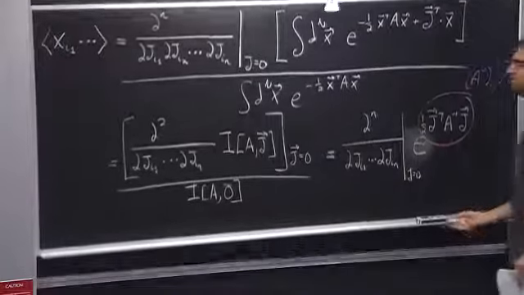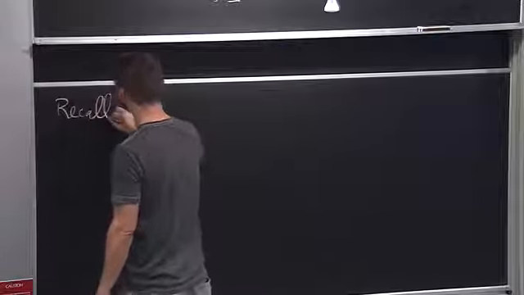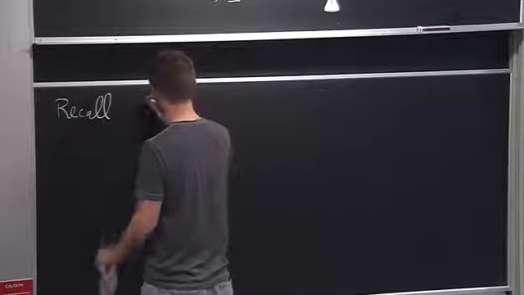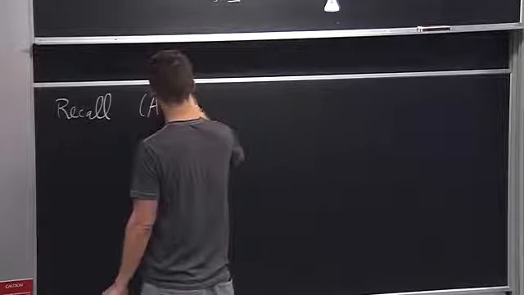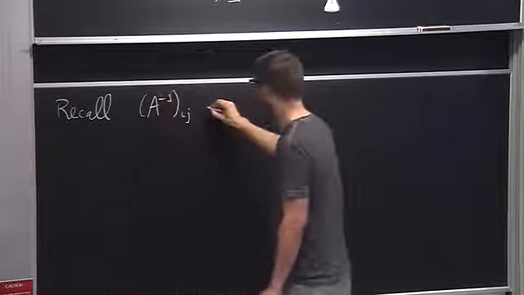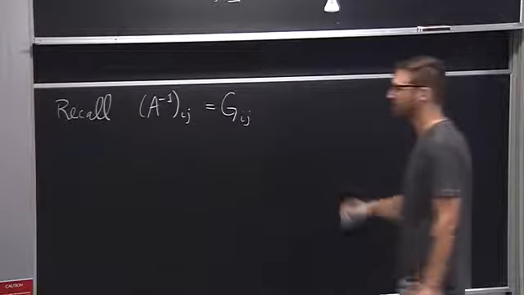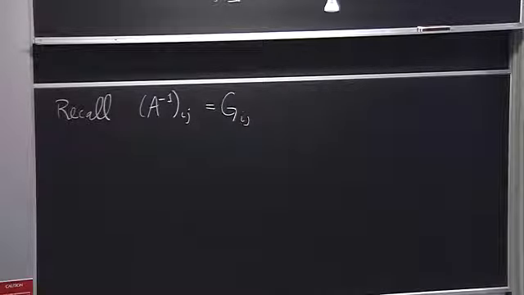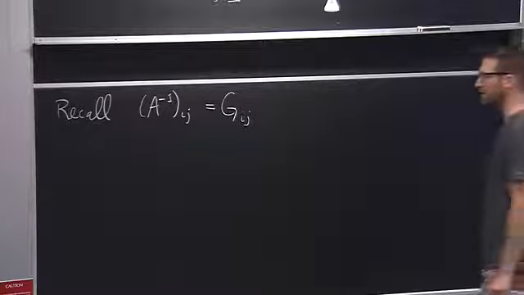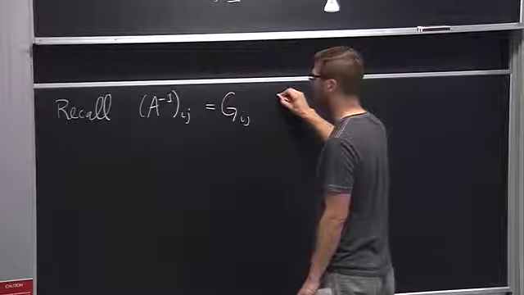Recall, I forget how we exactly labeled this, but I'm calling these A inverses just G's. Okay, so that's foreshadowing the fact that these are our Green's functions. So I'm going to call them this from now on.